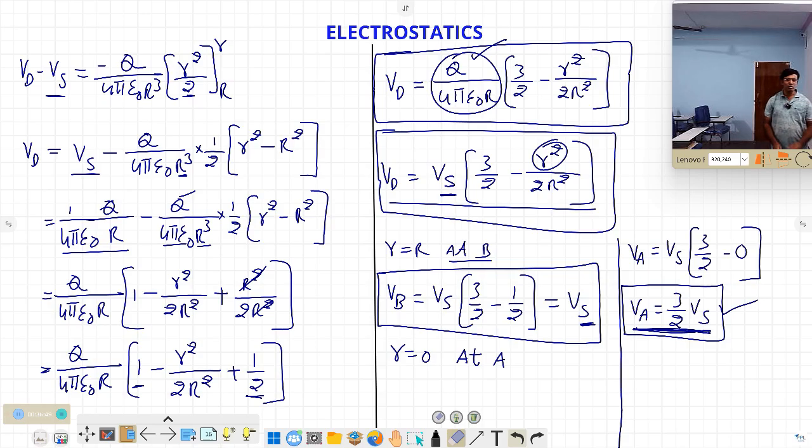Inside, the potential will be more, because you have to do more work to bring the charge from infinity to the center, because the non-conducting sphere contains the charges inside also. That's why you have to do more work to bring the charge from infinity to inside the non-conducting sphere. This is the conclusion of this potential due to charged sphere concept.